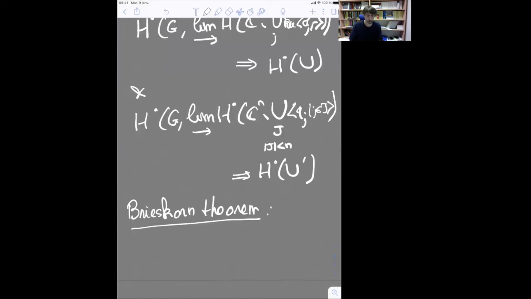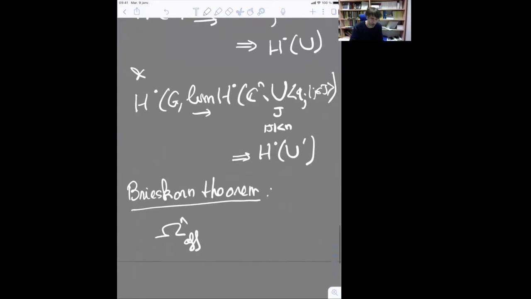Brieskorn's theorem, which was a conjecture by Arnold, tells you that if you consider something that I will call omega n affine, which is the algebra spanned by the, so this is not very important, but let's write it correctly.